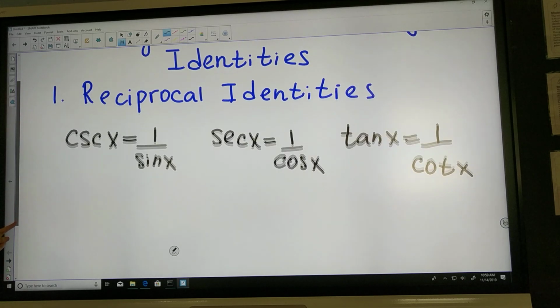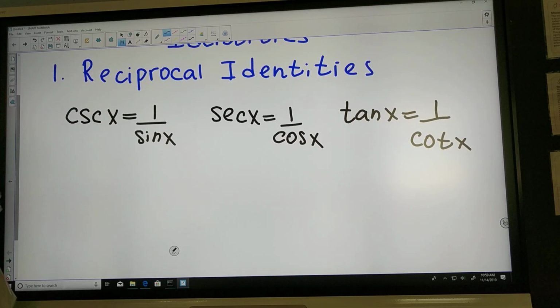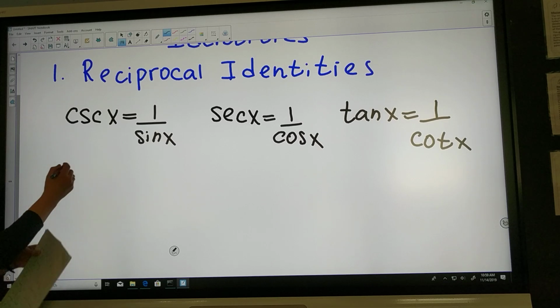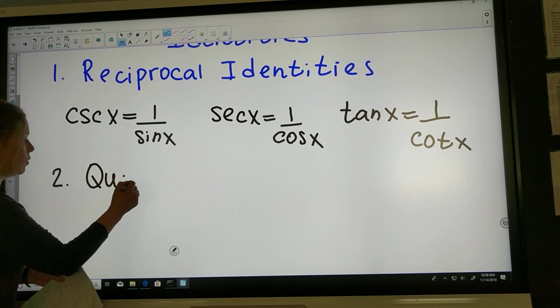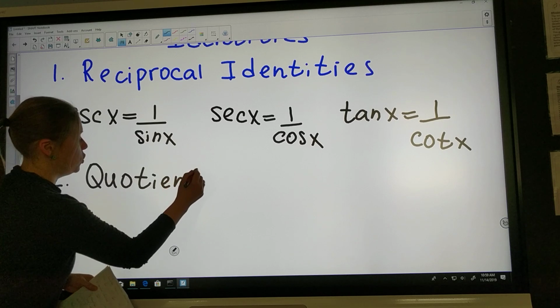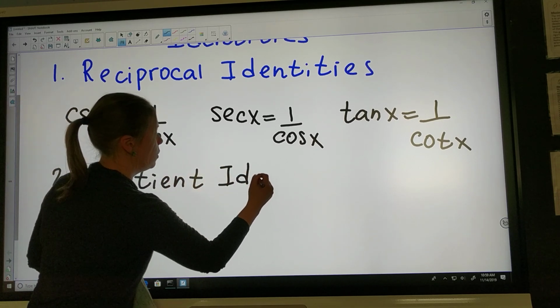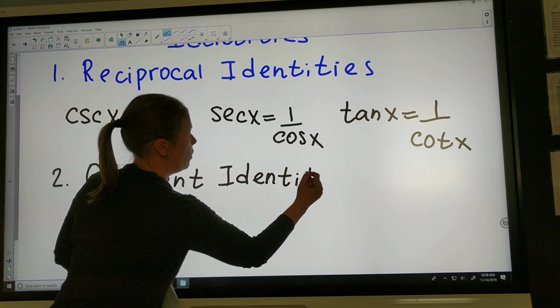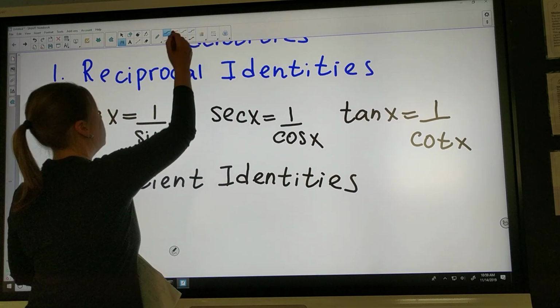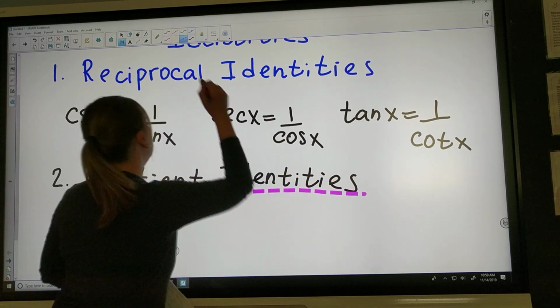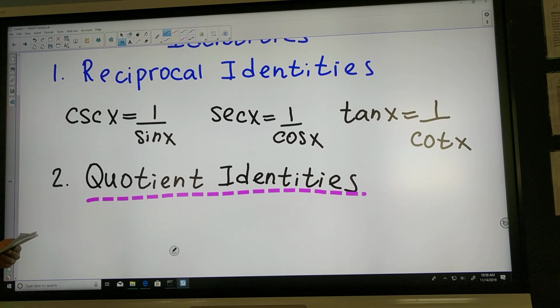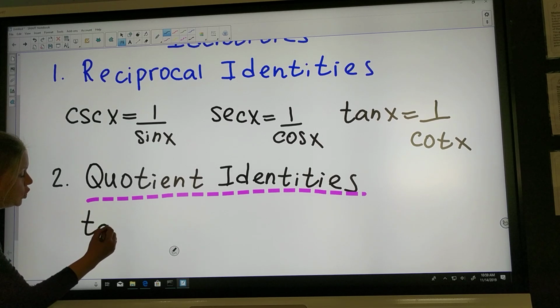Number 2 will be called quotient identities. We're also familiar with those. Those are tangent and cotangent.